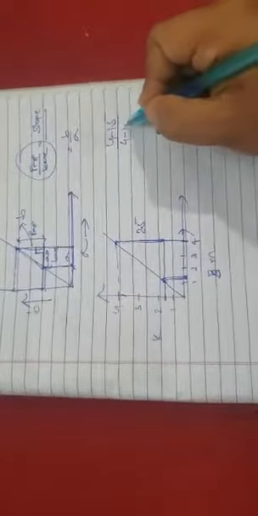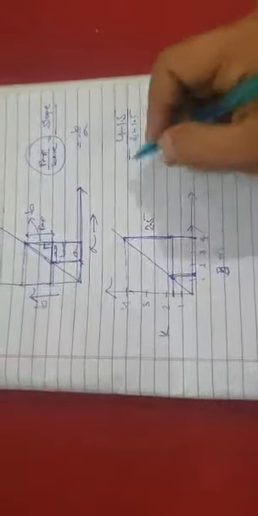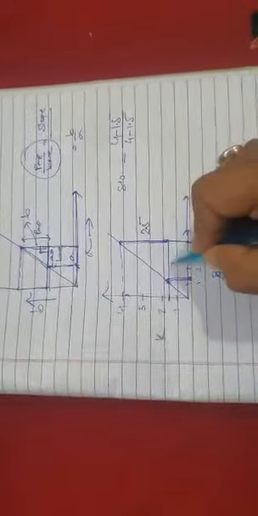And this much will also be 4 minus 1.5, let us consider it 1.5 only, so again 4 minus 1.5, which is 2.5.